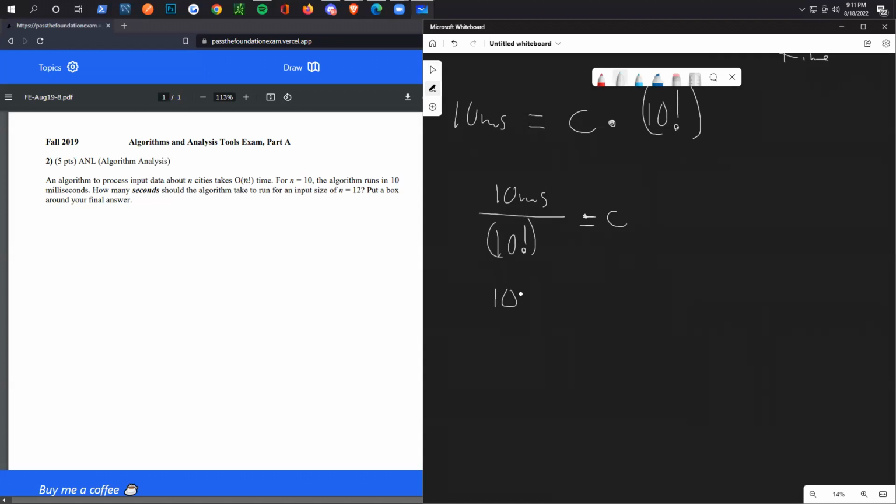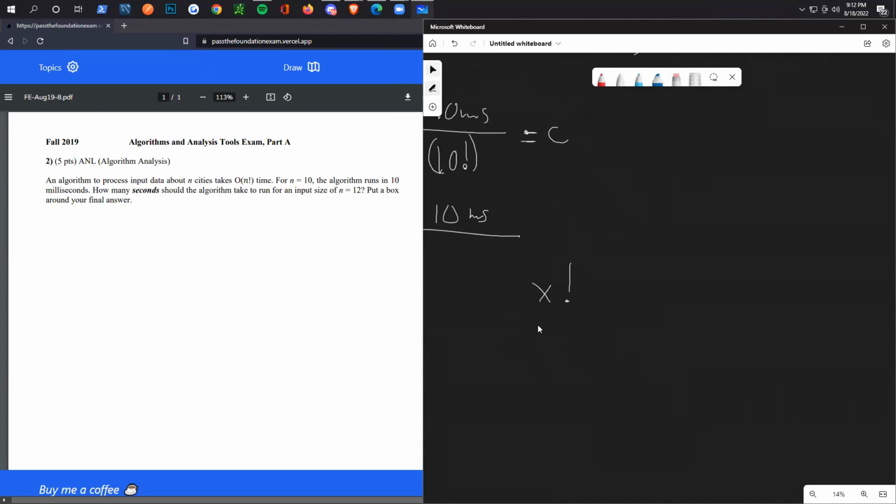So we have 10 ms, right? And we have a factorial. We know that a factorial is literally just, let's say you have a value x factorial. You're going to have x times x minus 1 times x minus 2, until eventually it stops at 2, and then you end up at 1.